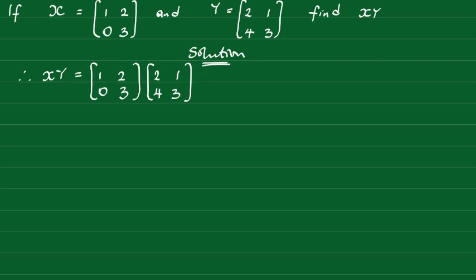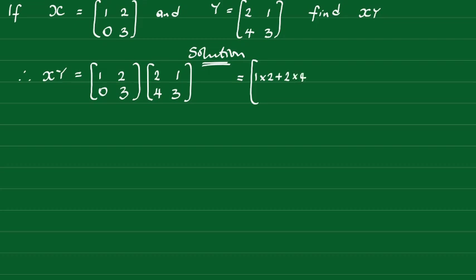Now, we proceed to multiply X and Y. So we write equal to bracket open. As we said earlier on, we multiply rows by columns. So we have 1 times 2 plus 2 times 4.